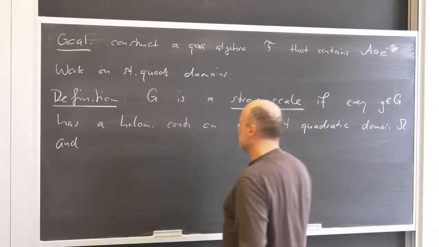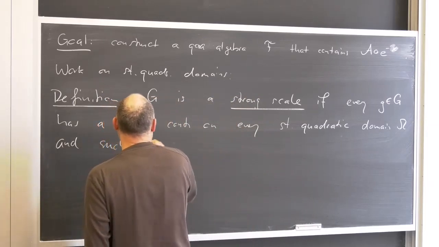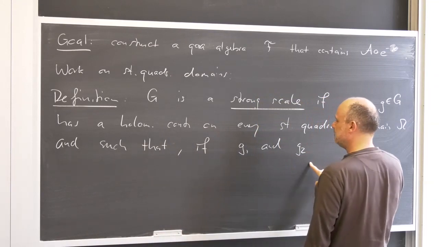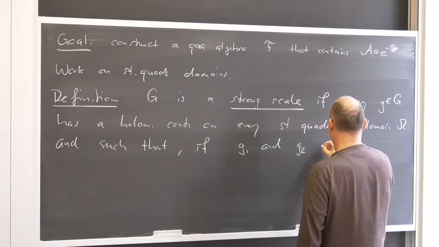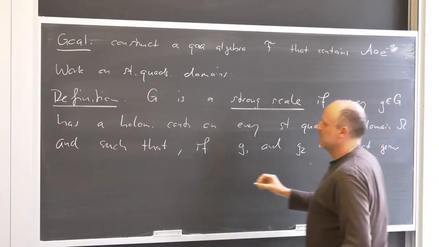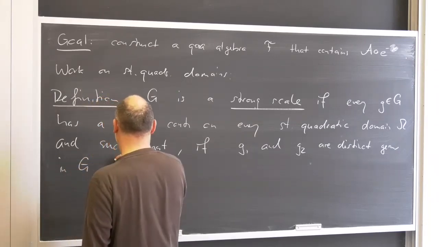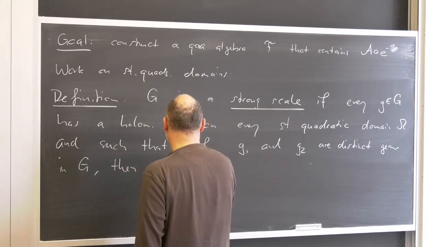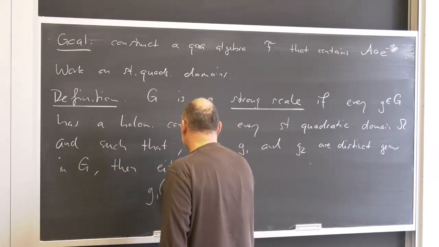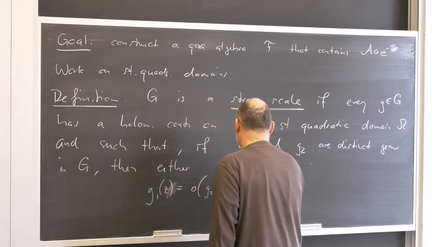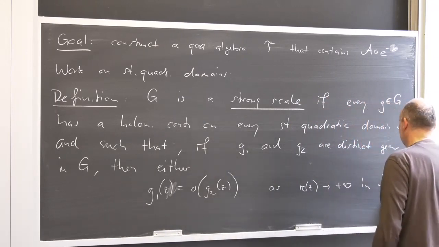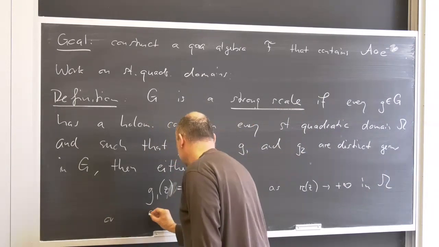So if G1 and G2 are distinct terms in my monomials, then either G1 of z is little o of G2 of z as the real part of z goes to plus infinity in omega, or the other way around.